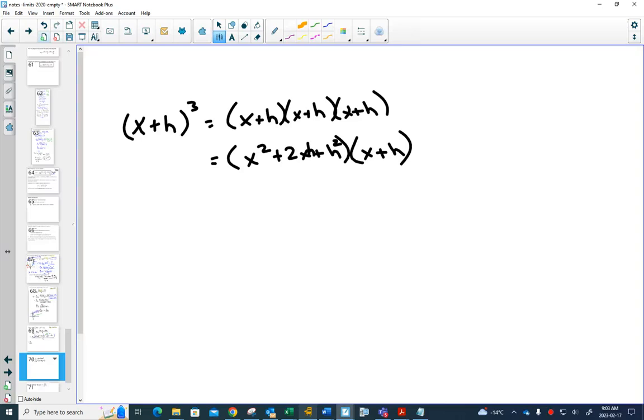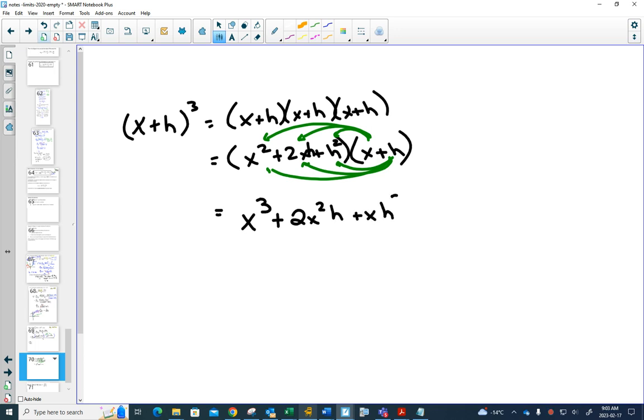If you multiply by this other x plus h, you would have to distribute the x, distribute the h. If I distributed the x's, I would get x cubed plus 2x squared h plus x h squared. Then if I distributed the h's, I would have plus x squared h plus 2xh squared plus h cubed.